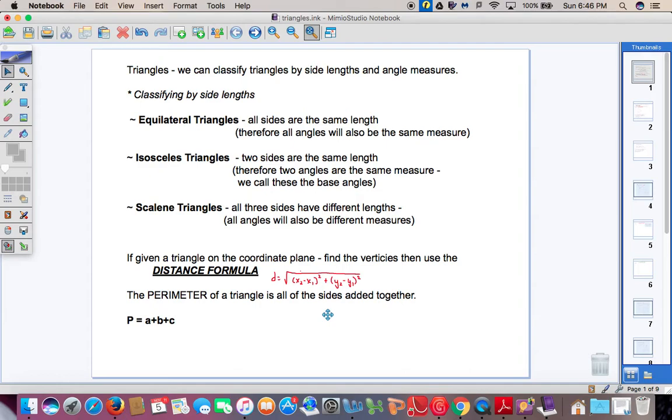Now, what we're looking for in this particular section is the perimeter. The perimeter of a triangle would be all of the sides added together. So it's the distance around the triangle. And the equation for that is simply the perimeter is equal to side A plus side B plus side C.